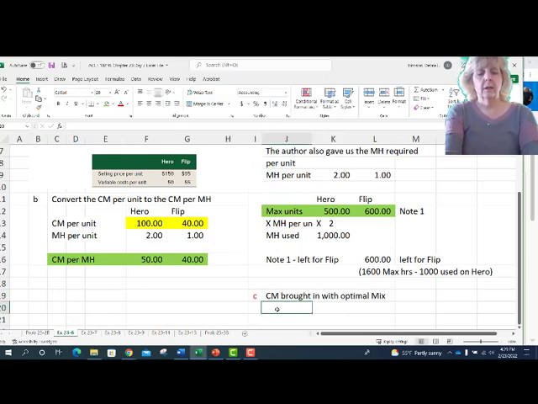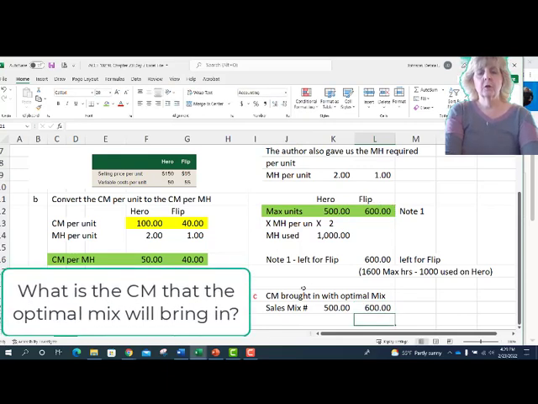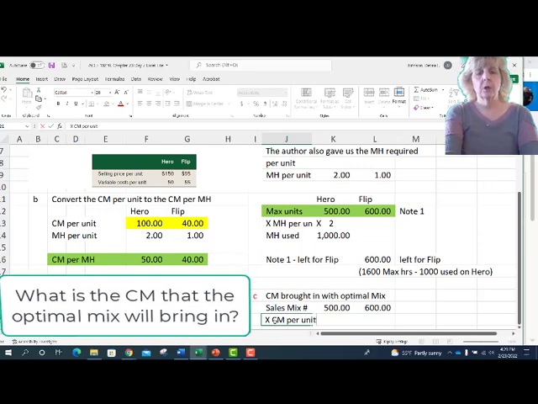And we will take the sales mix units that we came up with. I'm going to grab those from the green up top, 500 and 600. And then we're going to turn that into dollars by multiplying by the contribution margin per unit.